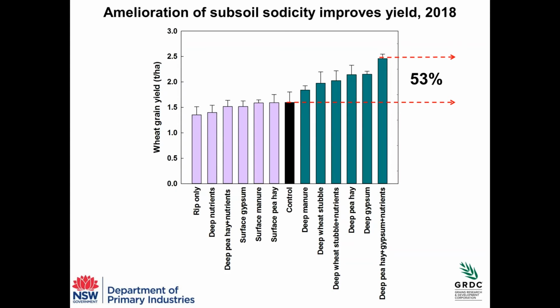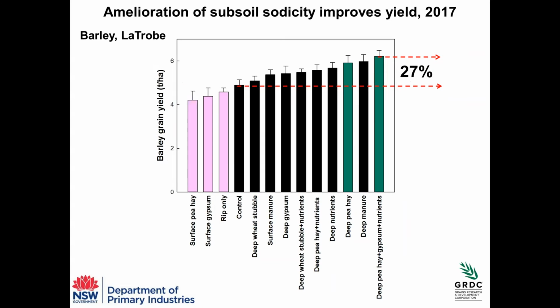Altogether, compared to control and the farmer practice, we were able to increase the yield by 53% with deep pH plus gypsum plus nutrient. There were some other responses, for example, from deep gypsum and deep pH, of about 30%. So the results are quite encouraging, that some of these treatments have quite a remarkable ability to improve the yield.